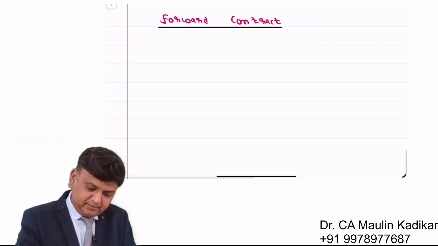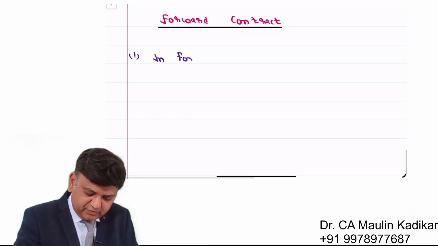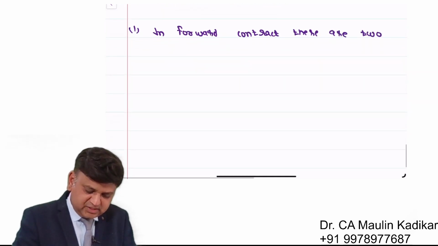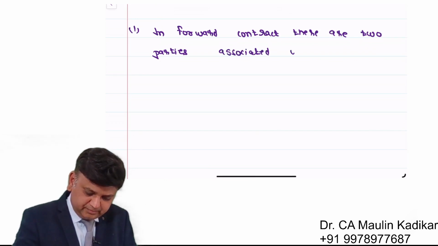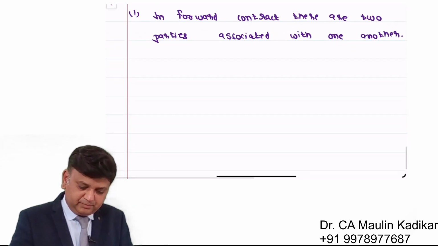In that write down, first point, in forward contract there are two parties associated with one another. Full stop.